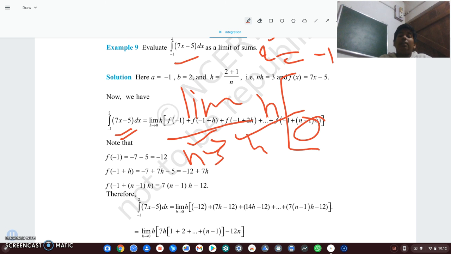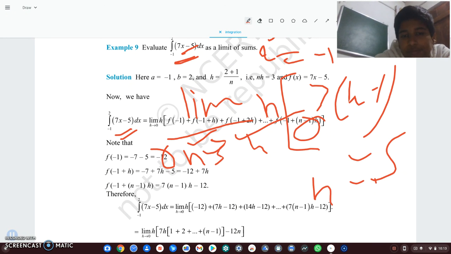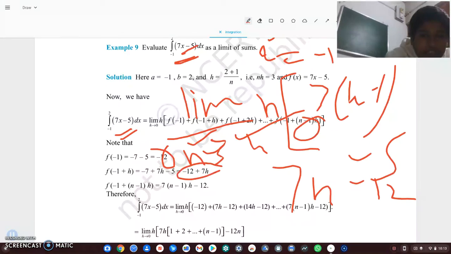You are able to see it clearly here. If we put the value of x as h minus 1, then it would be 7 into h minus 1 minus 5, and that would be 7h minus 7 minus 5, so 7h minus 12.